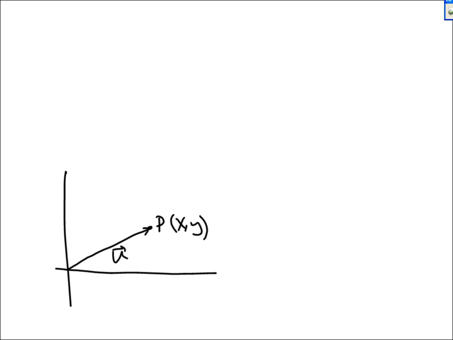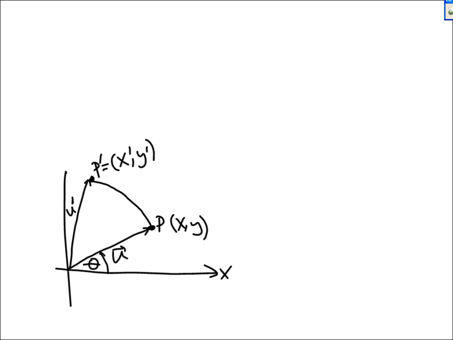They both end at point P. Now, in this angle, this vector u has an angle off the x-axis. Call it angle theta. Now, if you were to rotate this point counterclockwise to this point here, which I'll call P prime, which is x prime, y prime. And I'll call this vector over here u prime.